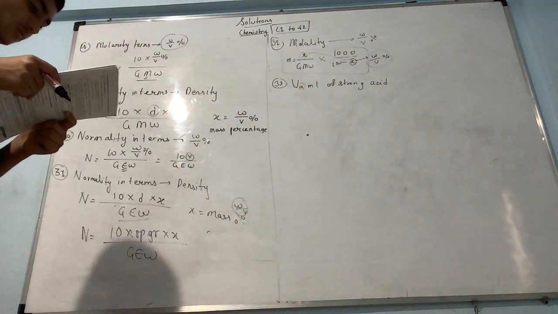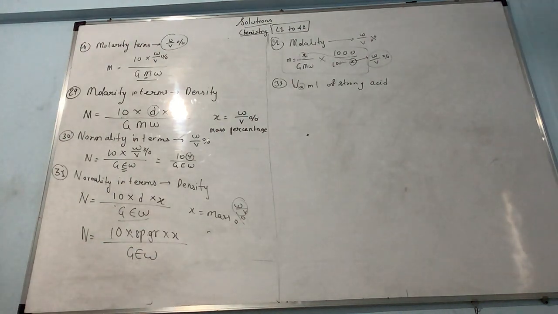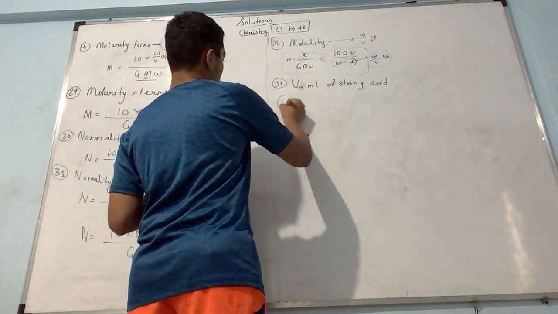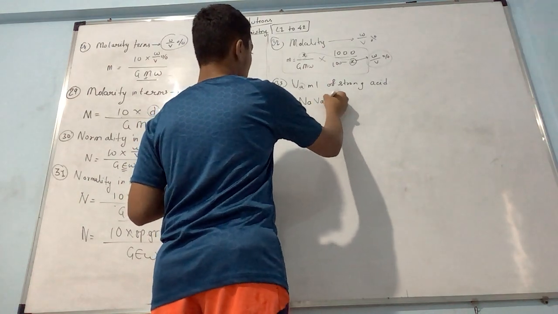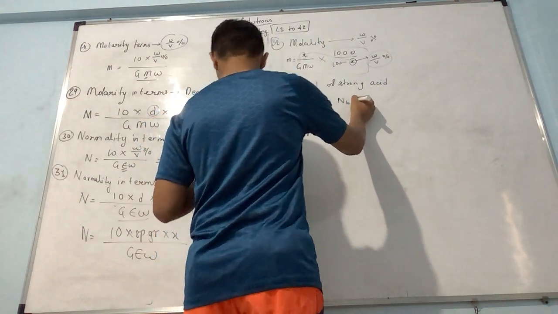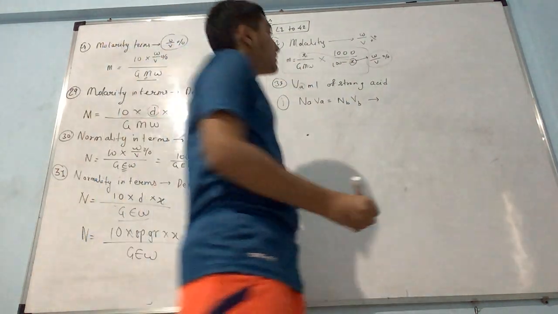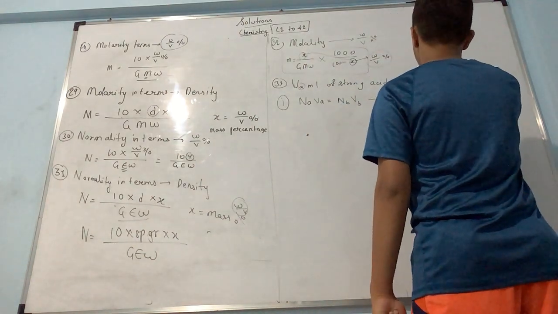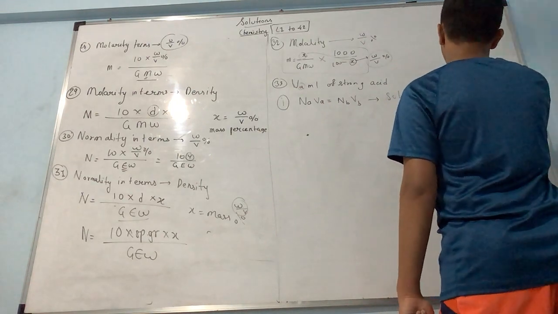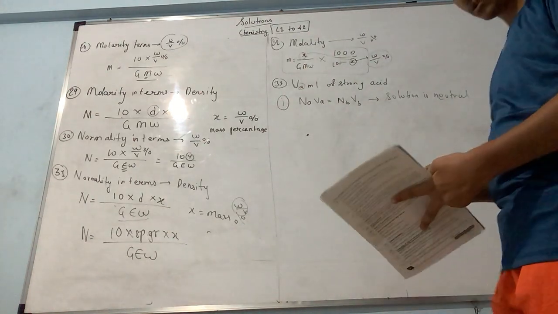These are the conditions. What is the first condition? If NaVA is equal to NBVB, then we'll get the result that the solution is neutral.